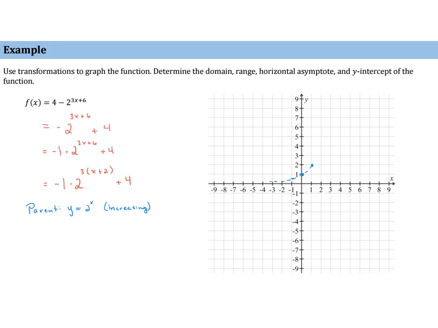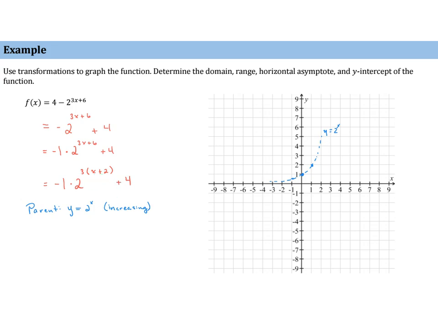So this is our parent function. Now what are the transformations that take place? We have the -1, we have the 3, we have the addition of 2, and we have the 4.